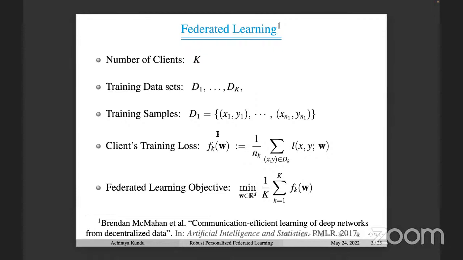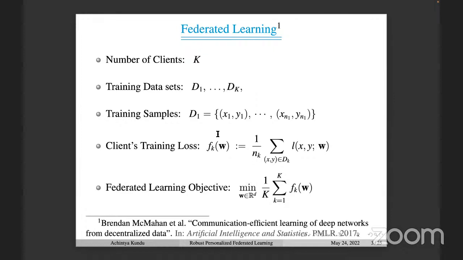So let's talk about the setup we are looking at. For example, let's say we have several hospitals. They have their medical images, and they want to learn a classifier which suitably classifies the medical images, so that they can take actions on the medical conditions. Now, each hospital might have a different set of medical images. Their data distribution might be different, and also they might not have sufficient data to train a full-fledged model.